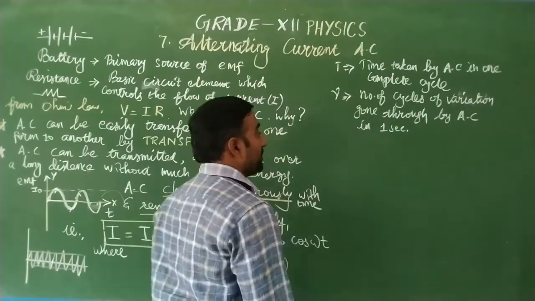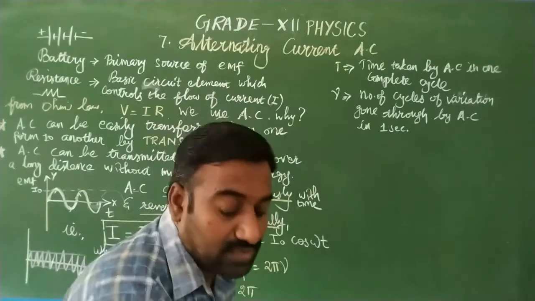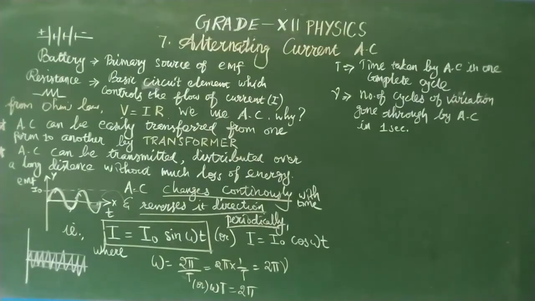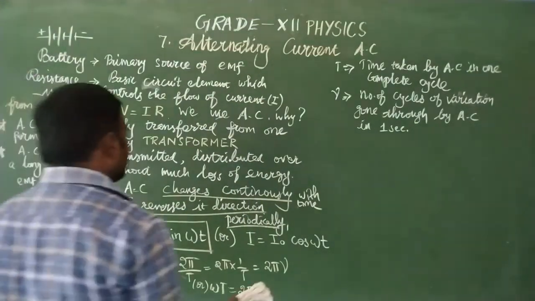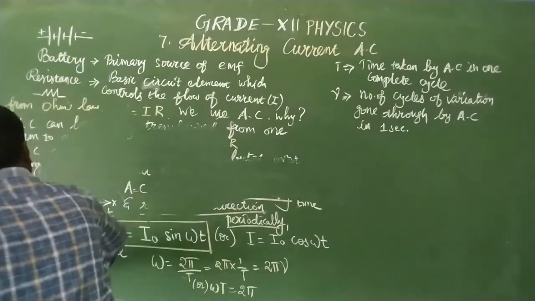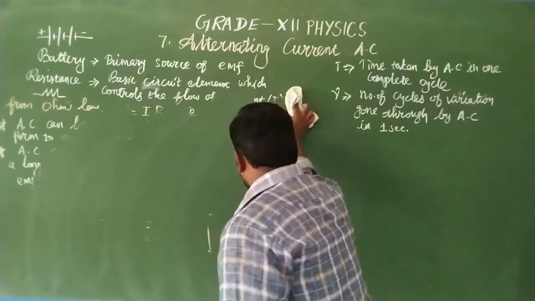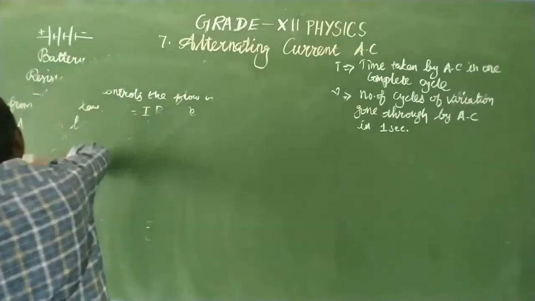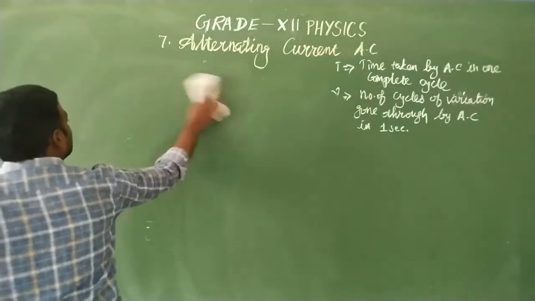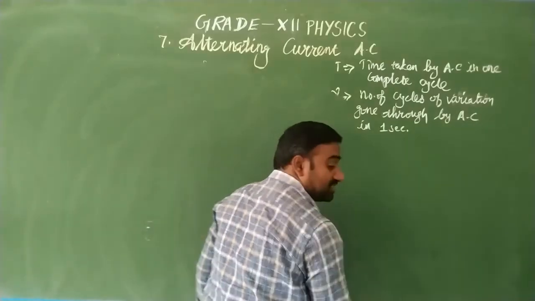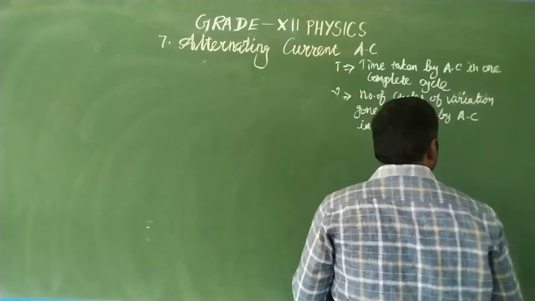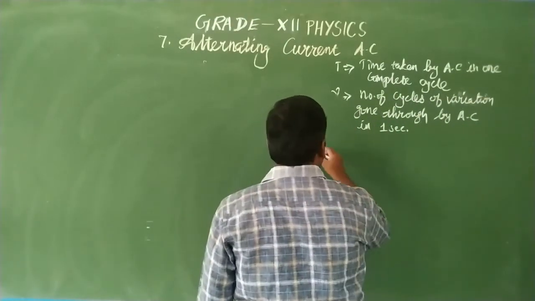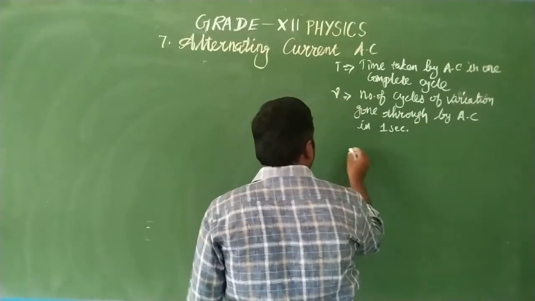Frequencies. Okay. Now simply we denote the AC by a simple diagram. So simply we represent the AC by a simple graph. How is the sinusoidal wave represented? The sinusoidal wave is represented by the following graph. Look at the graph.